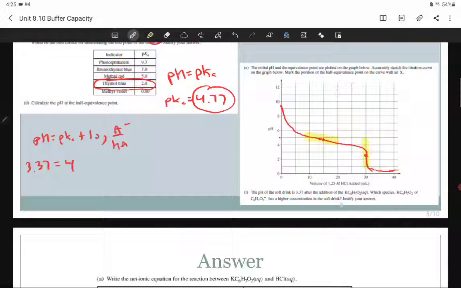The pKa was 4.77. So for that to happen, this log of A minus over HA has to be negative. And the only way that's going to happen is if our HAs are more than our A minuses. And that's it. That concludes Unit 8.